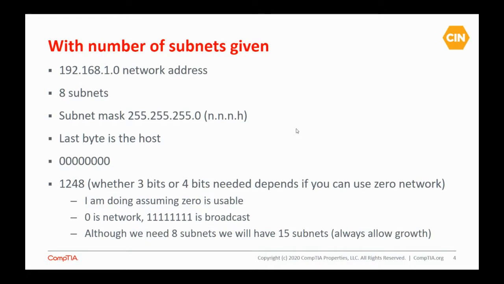Okay. And the last byte is the host byte. The first three octets, or bytes, are network. So if we take that last byte and convert it to binary, it becomes eight zeros.